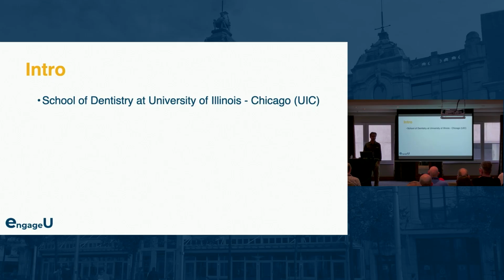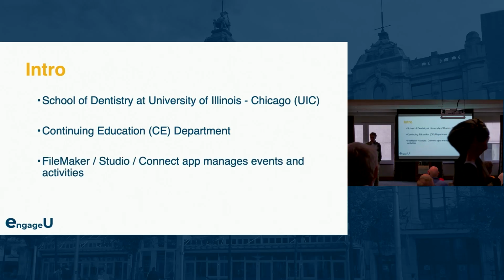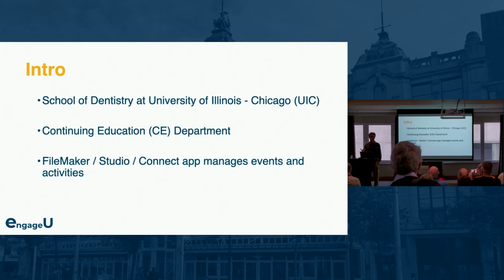The app in question we built for the School of Dentistry at the University of Illinois Chicago, which I'll refer to by its acronym UIC. Specifically, we built it for the continuing education or CE department there. They use it to manage their events or activities, things like conferences, symposiums, some kind of course.